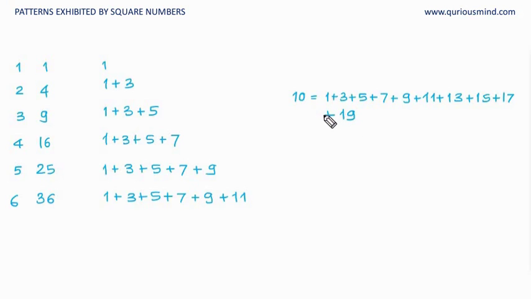And interestingly, the corollary of this pattern also is true, which means, let me take 36 and start subtracting successive odd numbers from it, starting with 1. So 36 minus 1 is 35, then 35 minus 3, the second successive odd number.